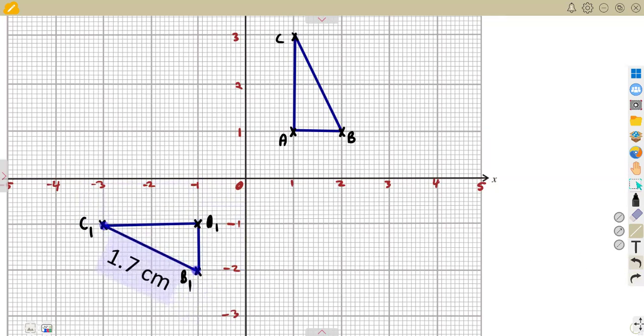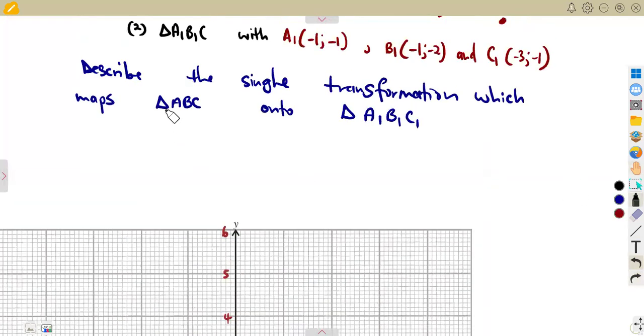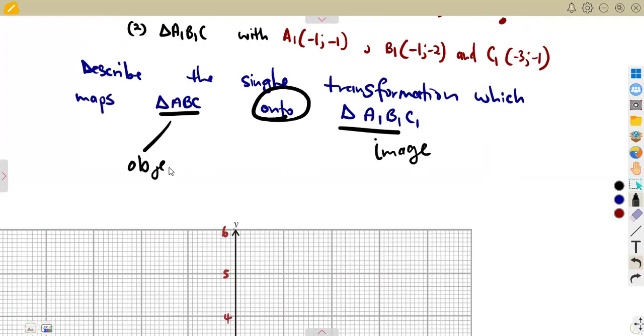So this is what we have as our image, because we are asked to describe the transformation which maps triangle ABC onto this image, ABC being our object.